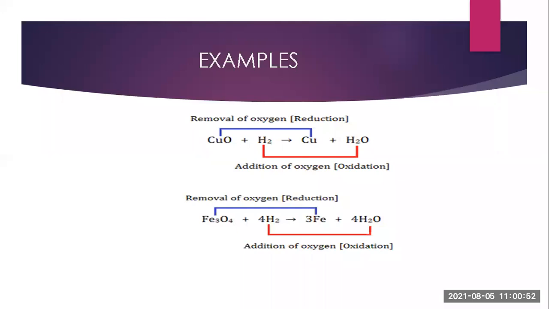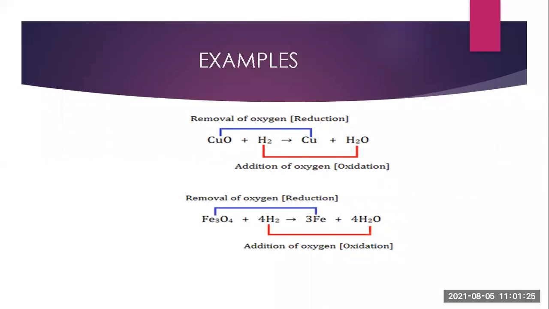Just see the chemical reaction below, with Fe3O4 and H2. The same thing happens here: removal of oxygen takes place from the iron compound, and on the product side we get iron alone. Hydrogen is gaining the oxygen, which is why a water molecule is formed.